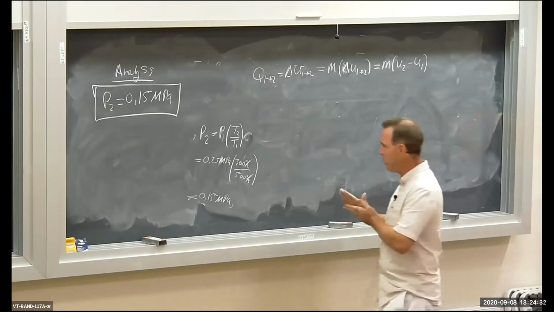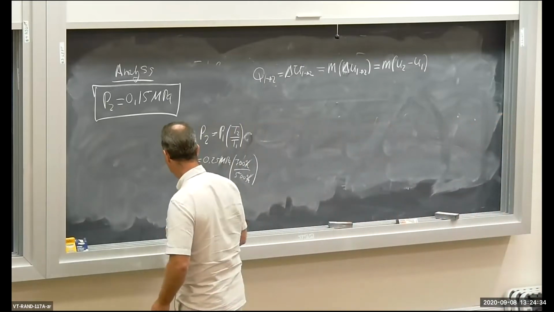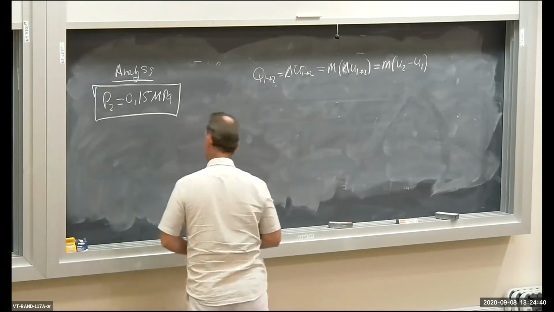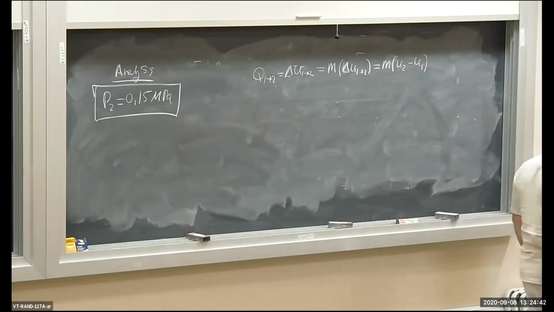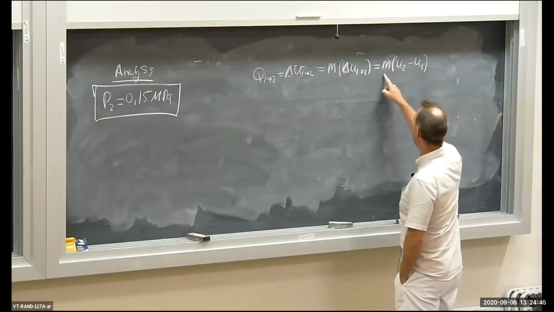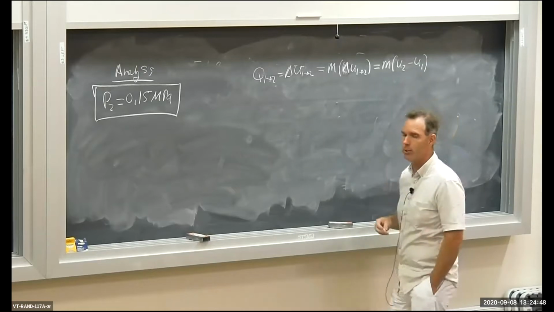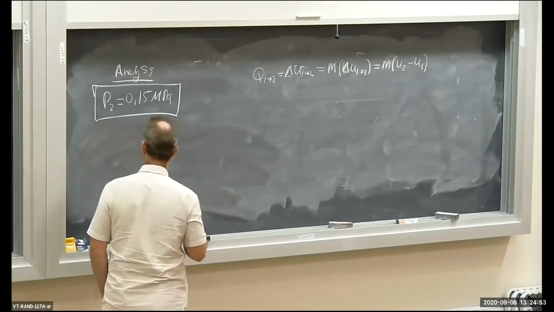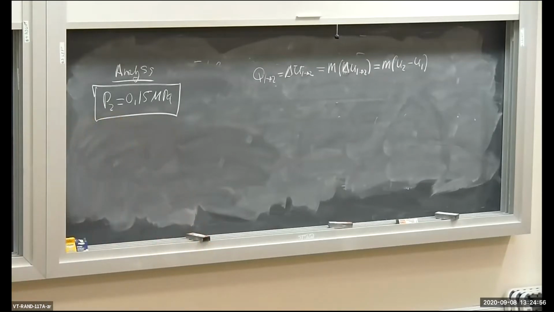Okay, so we got the pressure P2. Let's get back to calculating the heat transfer. I don't know a lot of things here. I don't know the mass of my system, and I don't know the specific internal energies at state 1 and state 2. Let's see if we can calculate some of these things. Let's go back to the table and look at the specific internal energies of the air at 500 and 300 Kelvin.